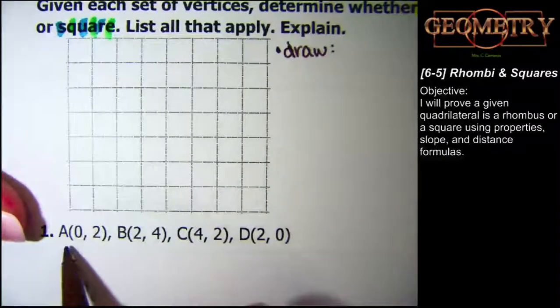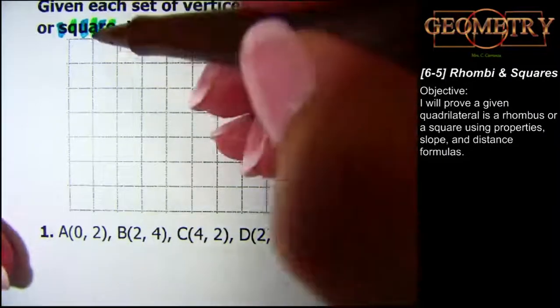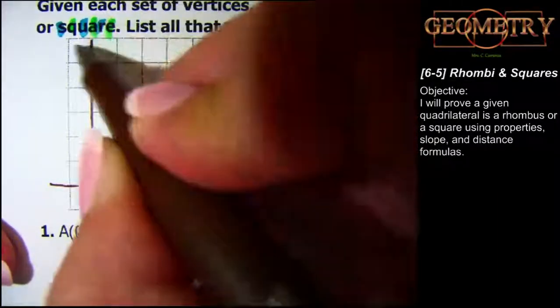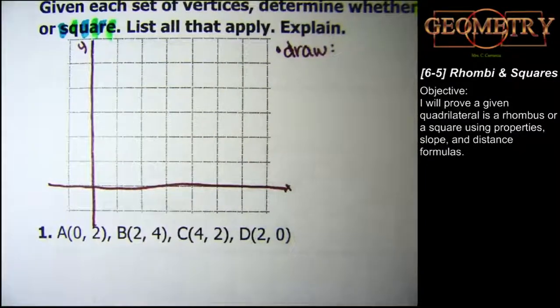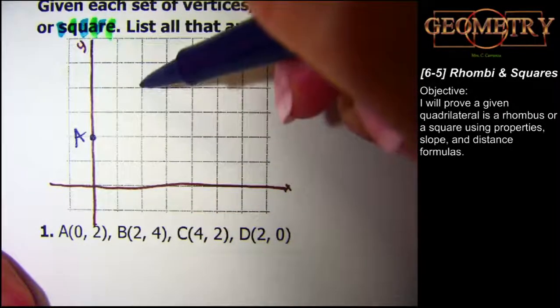All right, looking at my coordinates, I don't see any negatives anywhere, which means I can put my origin way down here on the lower left. Because there's no negatives, I can just focus on the positive. Now again, this is just a quick sketch, so I don't have to be really perfect about it.